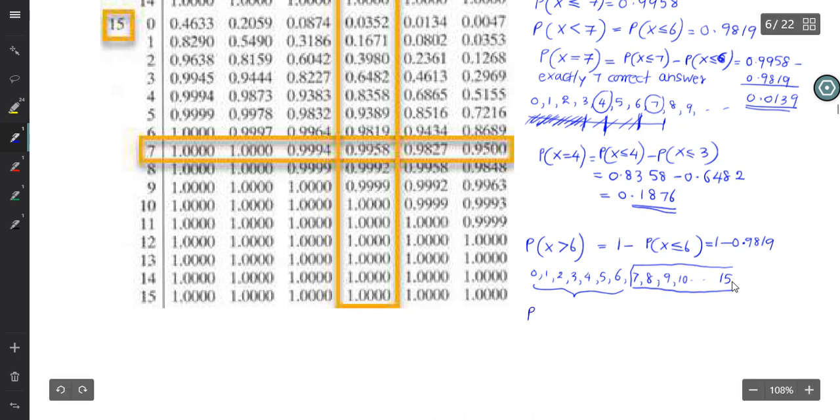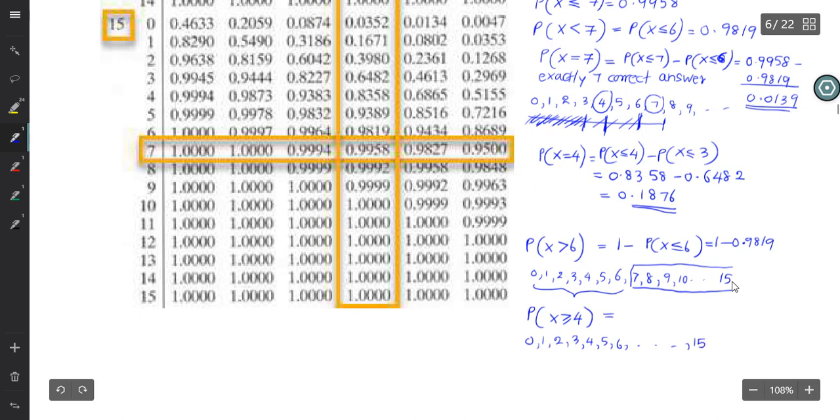What about the probability x greater than or equal to 4? How do you find this probability? These are two different things because you have the equal sign here, right? Here are the possible values, goes up to 15.